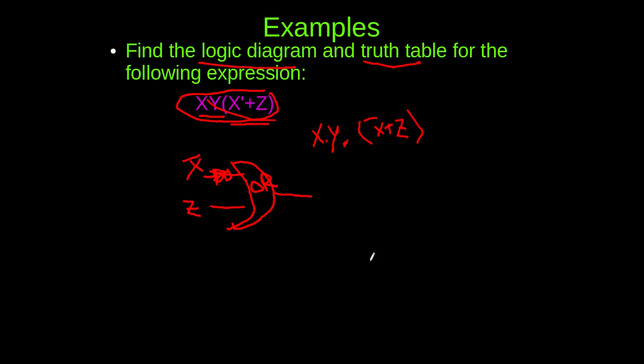Now what I'm gonna do, I'm gonna AND it. This is the AND. This one, I'm gonna AND it with what? The result of what? An AND gate also.